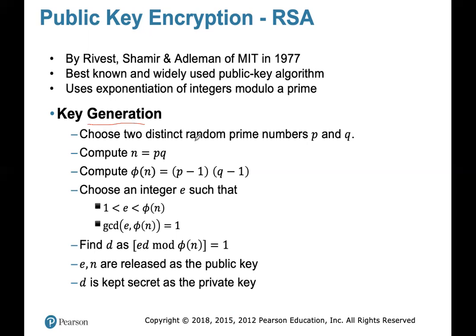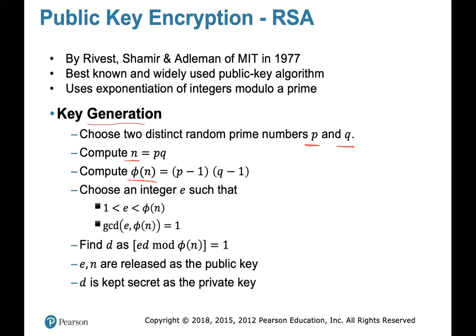This is how the algorithm generates keys. The algorithm starts with choosing 2 big random prime numbers, P and Q. Then we compute N, which is P times Q. And then we also compute phi of N, which is computed as (P minus 1) times (Q minus 1).